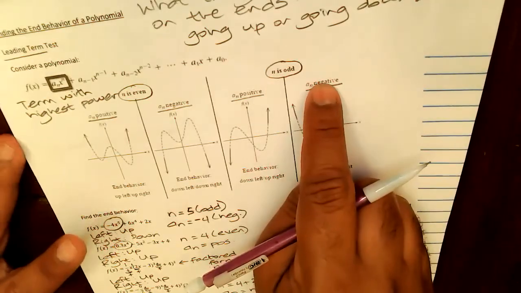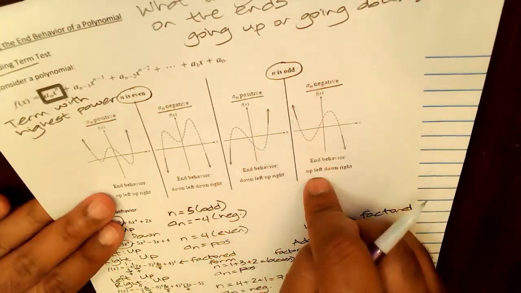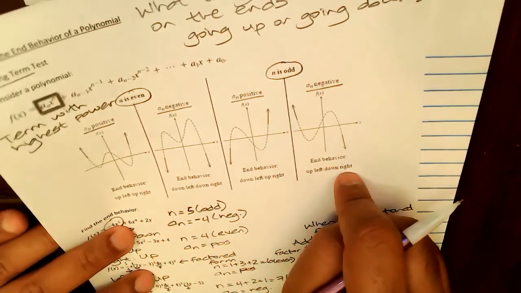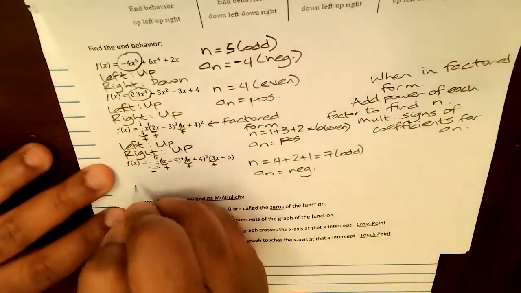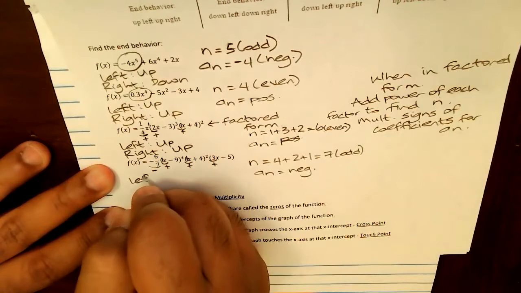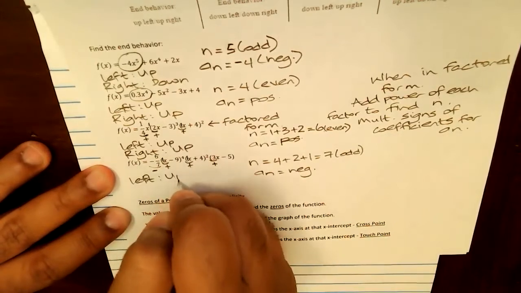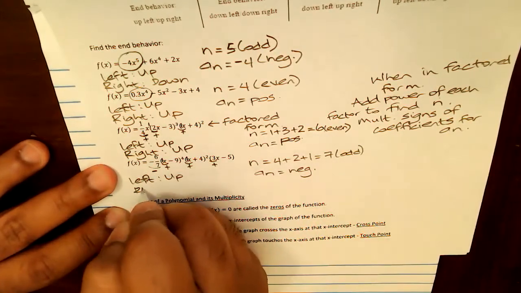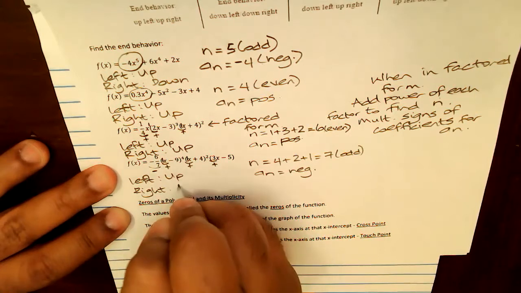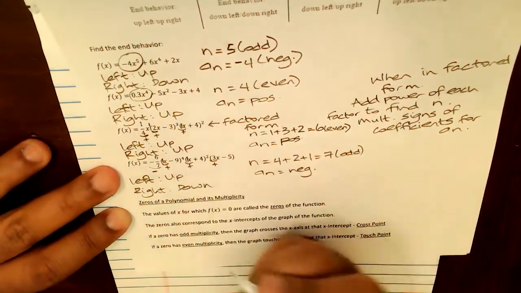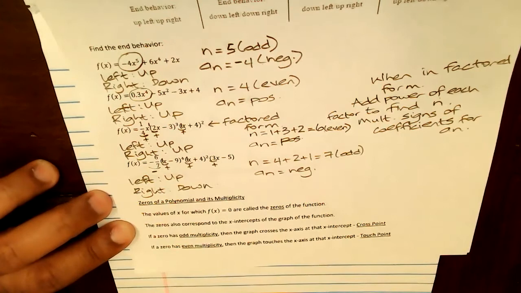So an odd power with a negative number in front of it, the end behavior will be up on the left and down on the right. So on the left, my graph will go up, and on the right, my graph will go down. That's how we find the end behavior.